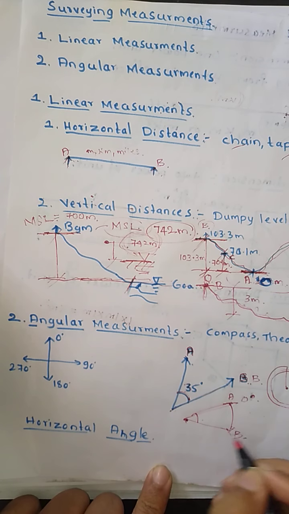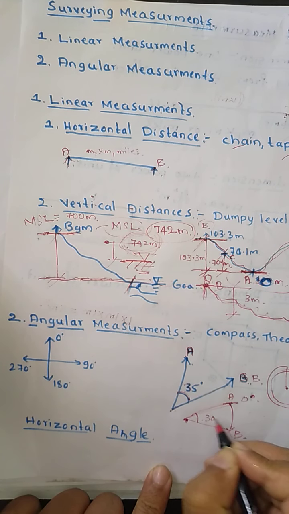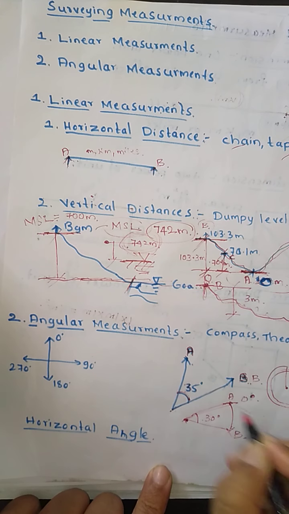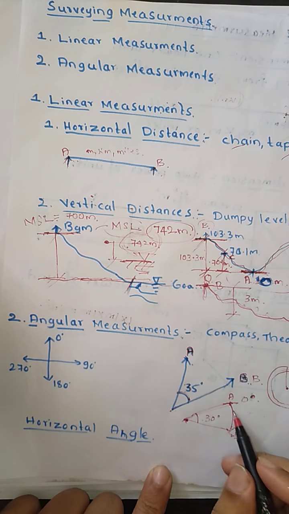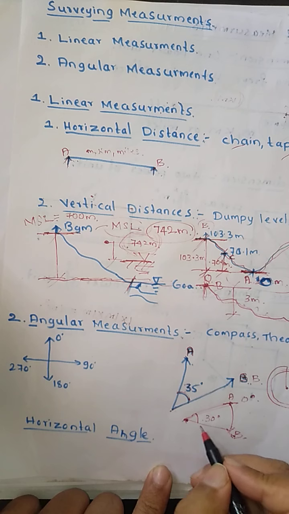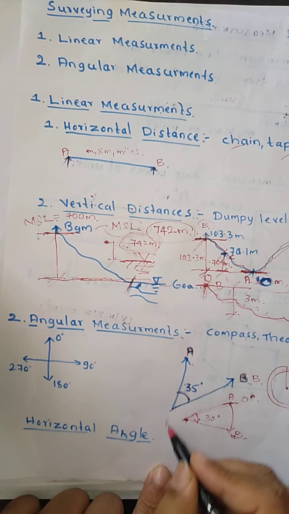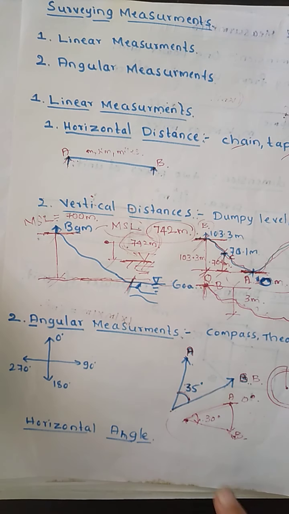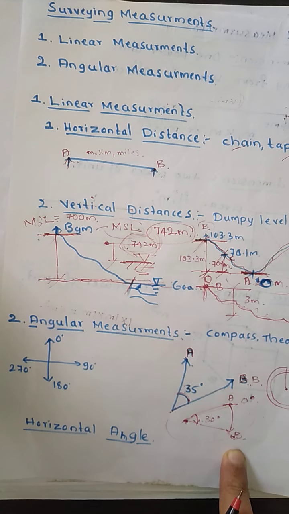So if it is coming at 30 degree, A you take as a reference point. You want to measure from A at what point B is. So if it is at 30 degree, we say it is an angular measurement.